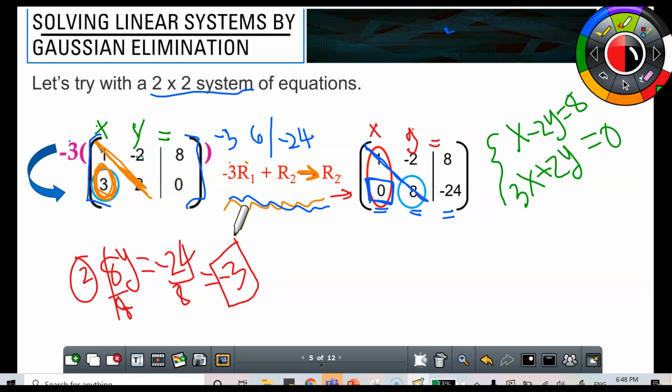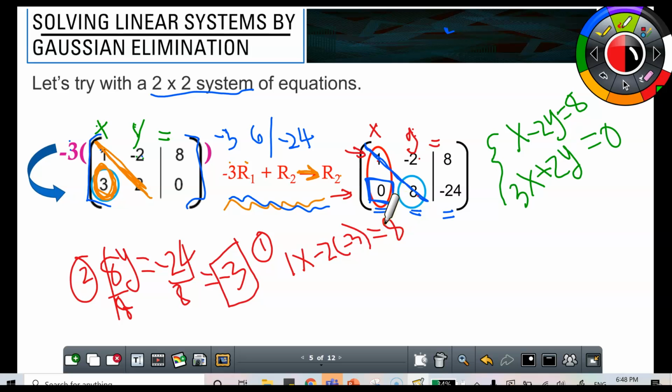Okay? If we know y equals -3, plug it back into the first row or the first equation. You can solve for x, right? First equation is 1x minus 2y. We know y is -3, so it's 2 times -3 equals 8.